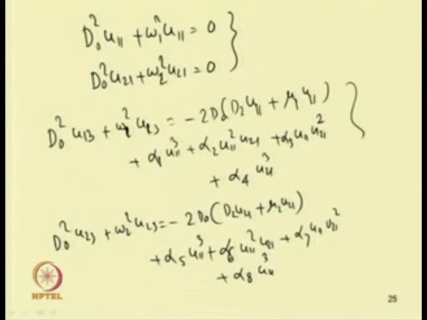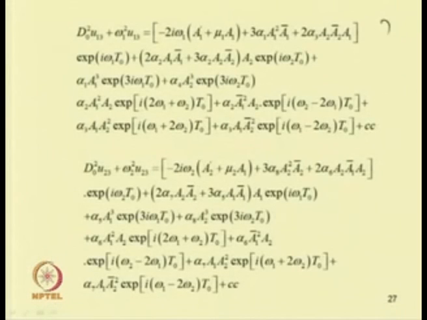Now the solution can be written as u 1 1 equal to a 1 e to the power i omega 1 t 0 and u 2 1 equal to a 2 e to the power i omega 2 t 0, and substituting these, one can get the equation in this form.